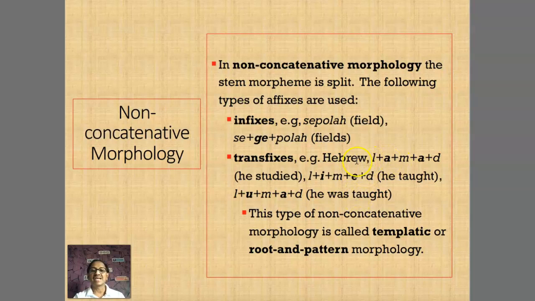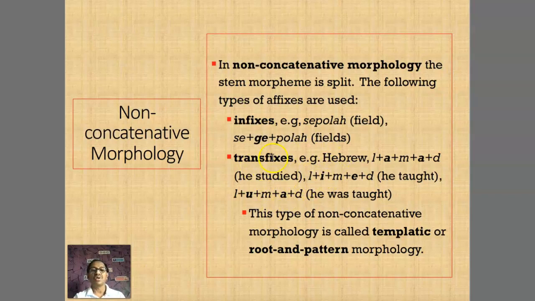So this kind of non-concatenative morphology is called templatic morphology or root and pattern morphology. You have a template, l, m, d as a template, and then with the addition of different vowels, you get different words.